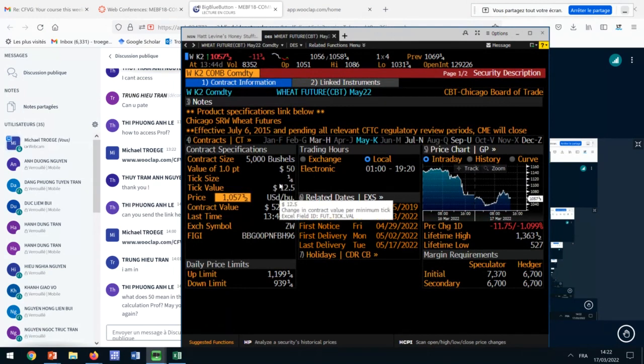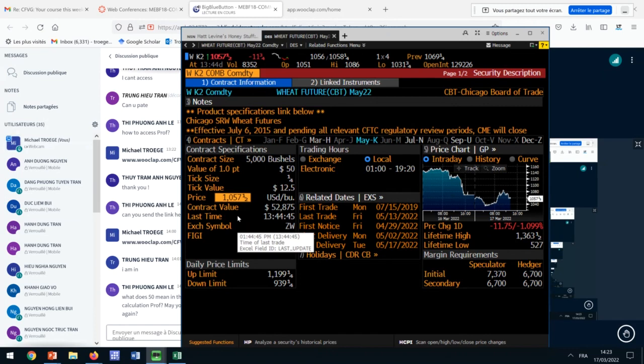Why is the value of 1 point $50? Because the price is quoted, remember, in cents per bushel. So if the price changes by 1 point, it goes up from 1,057 to 1,058, you have to pay 1 cent more per bushel.